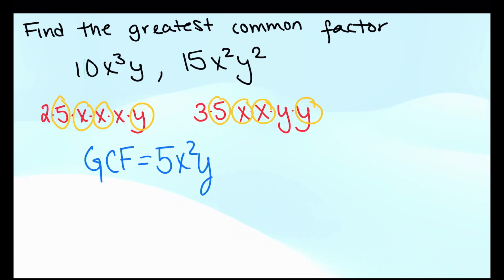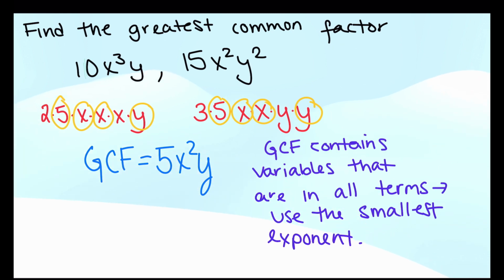Now, if you don't want to write things out and you're trying to find a greatest common factor and you have variables, here's another way you can do this. For the variable part of your GCF, check to see if the variable, the letter, is in both terms. So for example, x is in both terms, and you choose the one with the smaller exponent.